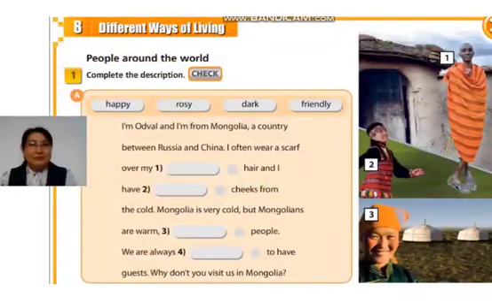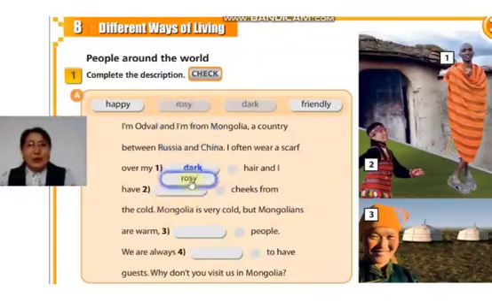Now, dear children, let's complete the sentences. I'm Odval, and I'm from Mongolia, a country between Russia and China. I often wear a scarf over my dark hair, and I have rosy cheeks from the cold.